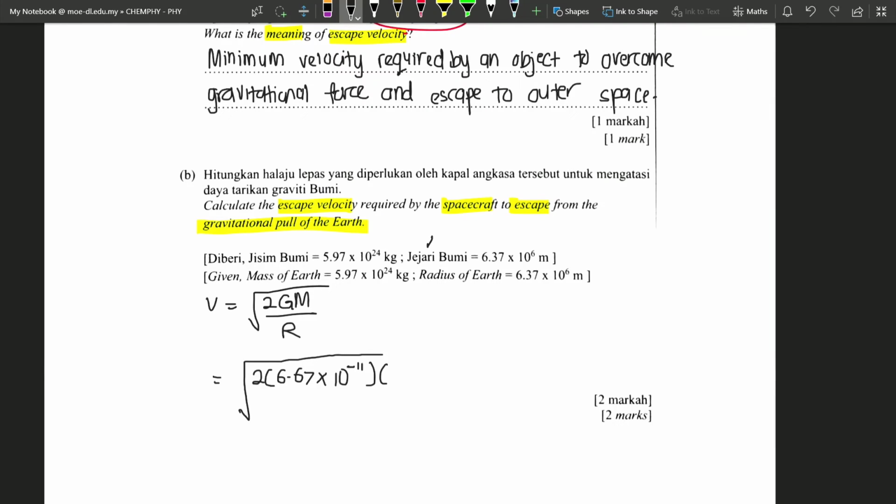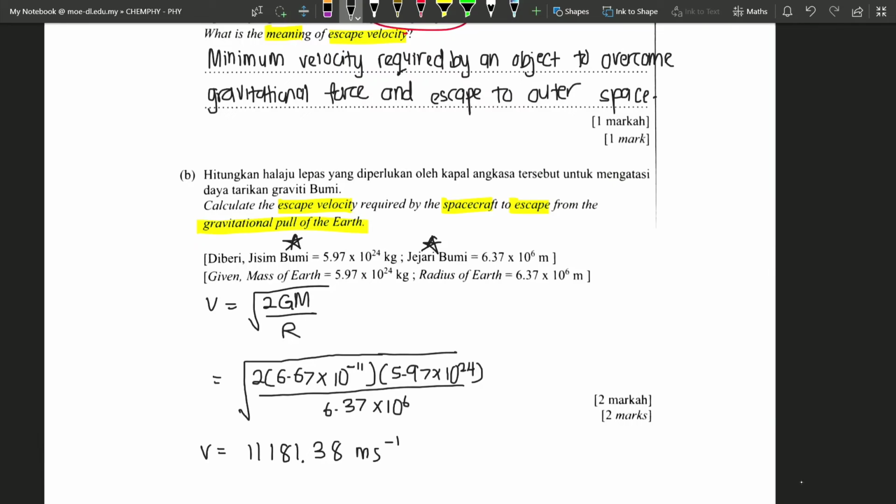Your M is mass of the Earth, 5.97 power 25. And your R is radius of the Earth, jejari bumi, 6.37 power 6. So you guys tekan calculator betul-betul, you guys akan dapat 11,181.38. So velocity unit must be in meter per second.